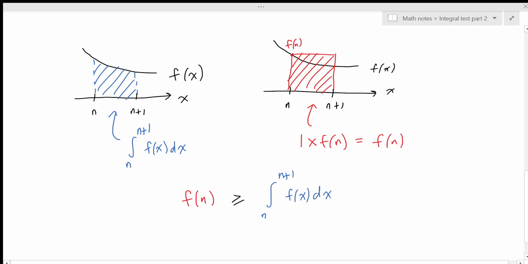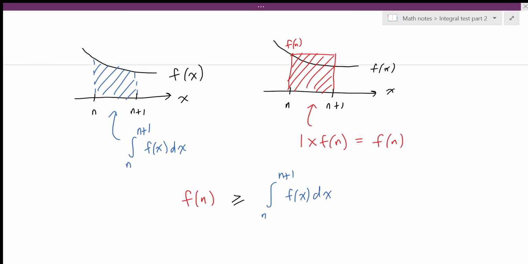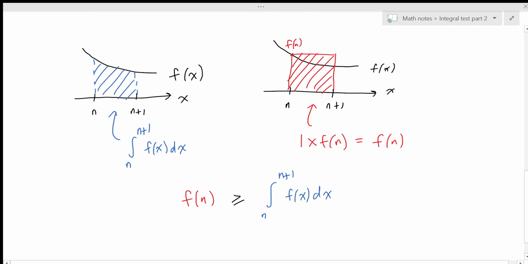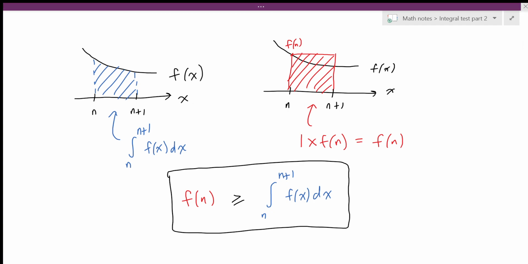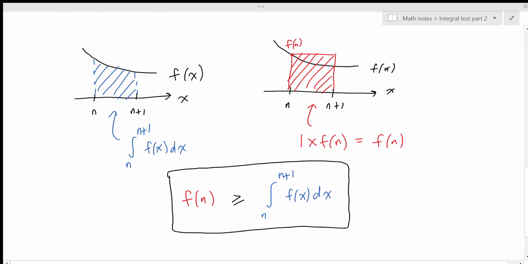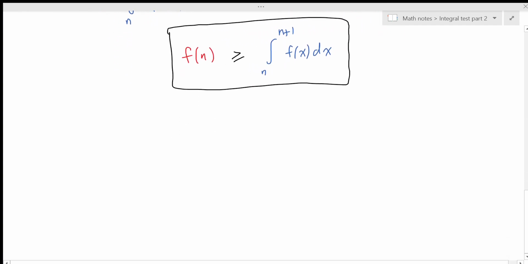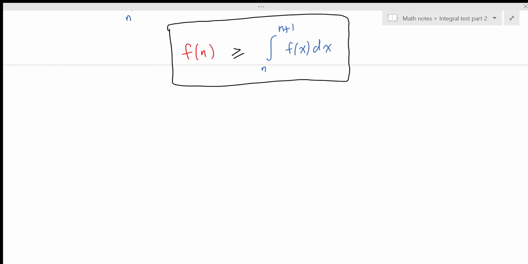And this integral is equal to the region shaded on the left-hand side. So this will be the key inequality that we'll use to derive the integral test. So the last step of the lesson is just to use this inequality to derive our formula for the nth partial sum.